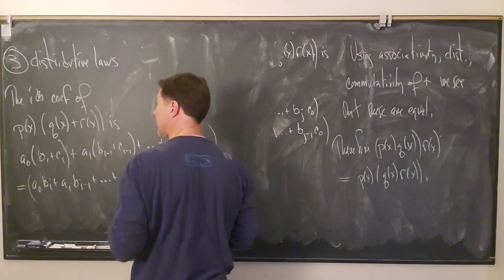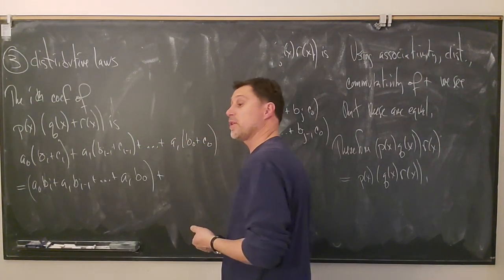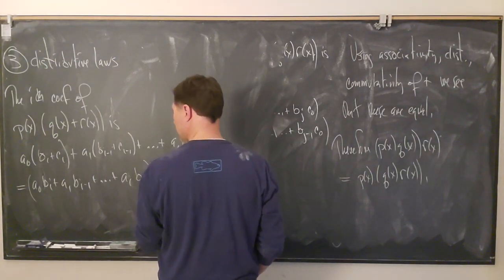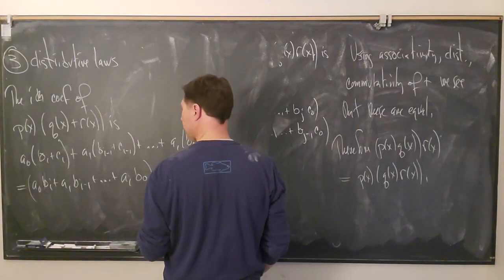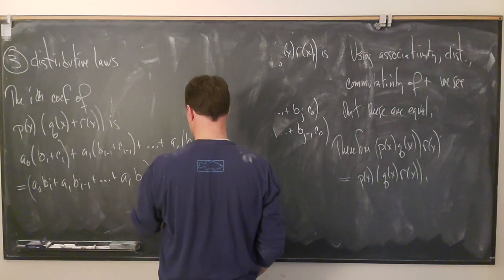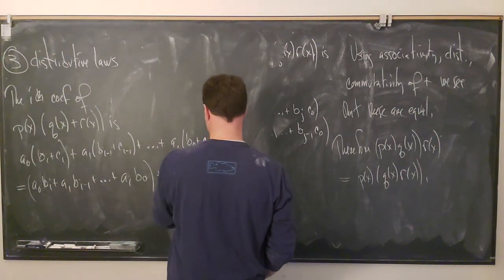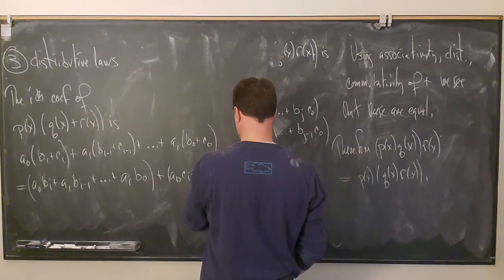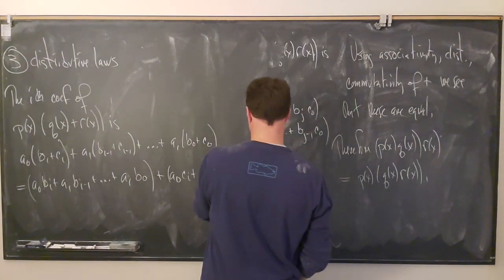And then do the same thing with the C. So I'm using distributivity inside R. So this is going to be A0 C_i plus A1 C_{i-1} plus dot dot dot plus A_i C0.